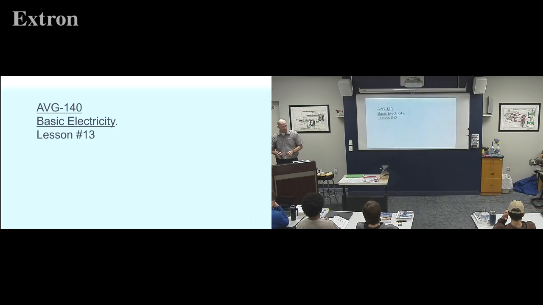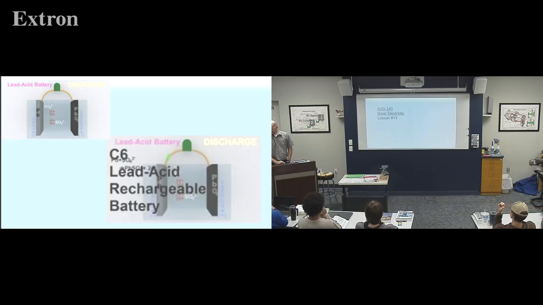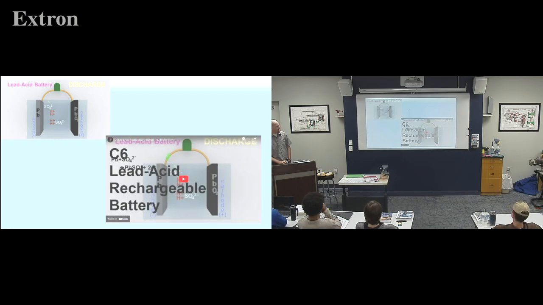Today, we get to do a deeper dive into batteries. So we briefly talked about how batteries work. I say briefly. We didn't get real deep into the chemistry because I'm not a chemist, and that's part of why you have videos today.